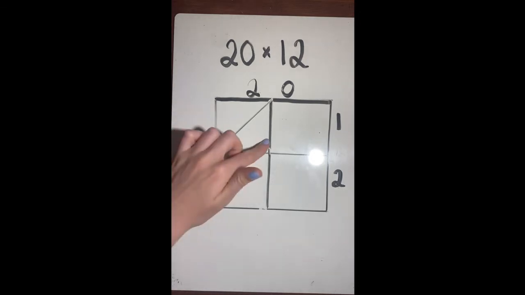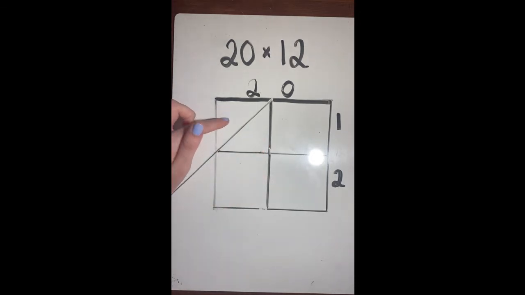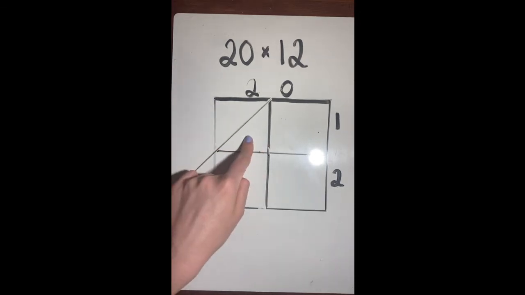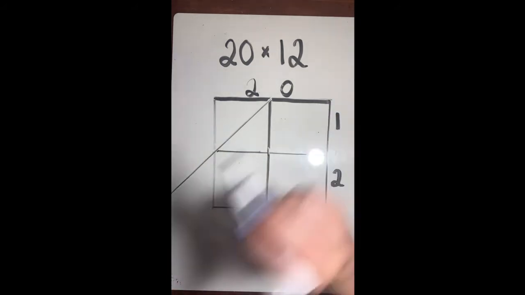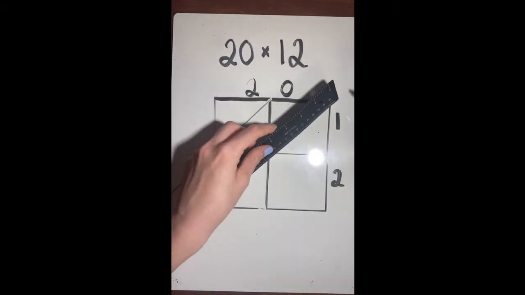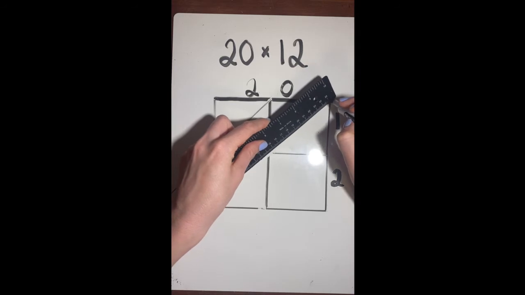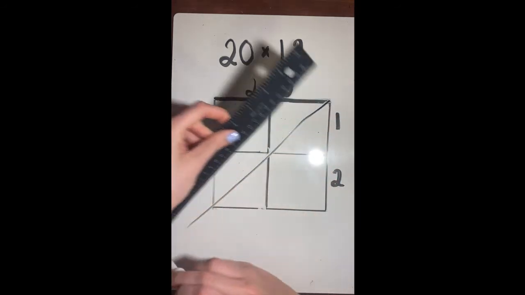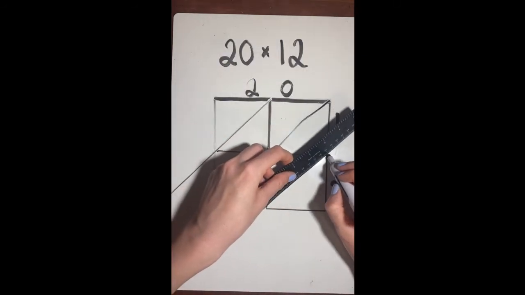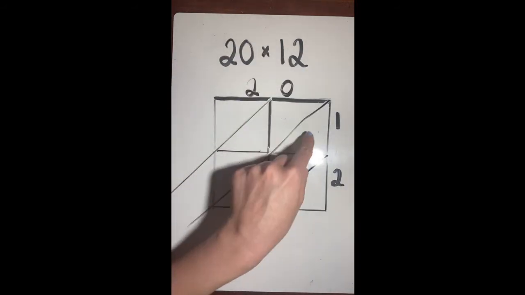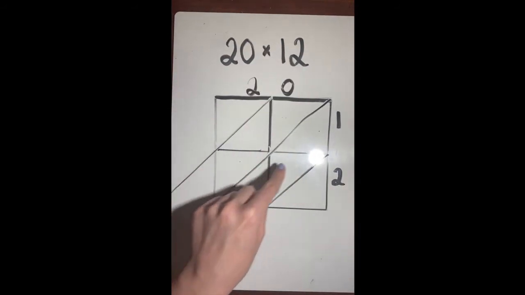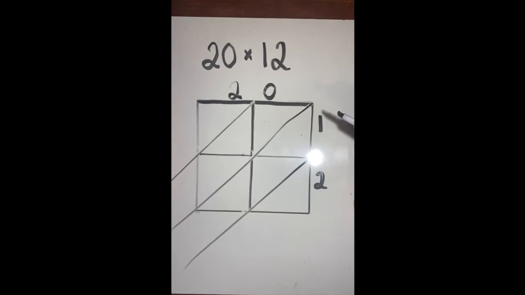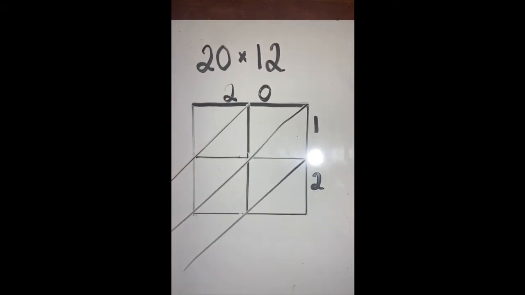So now we've broken this box in half. We have a tens place in this box and a ones place in this box. Then we do that for all the other smaller boxes. Again, we have tens, ones, and tens and ones. And these boxes are going to hold our partial products.